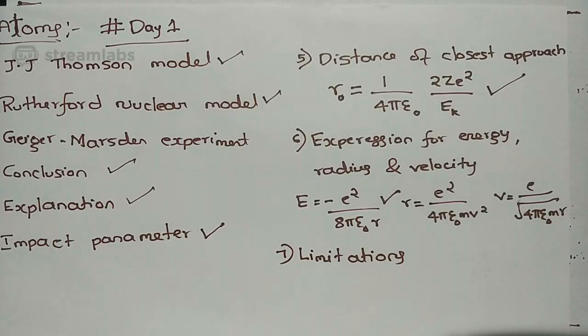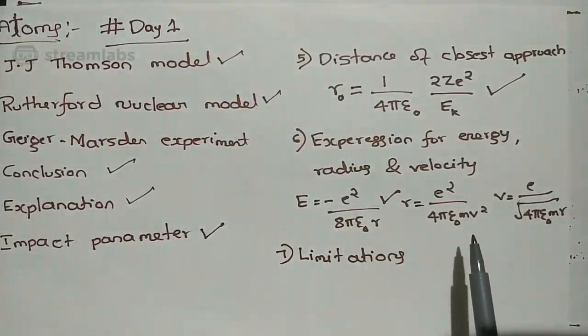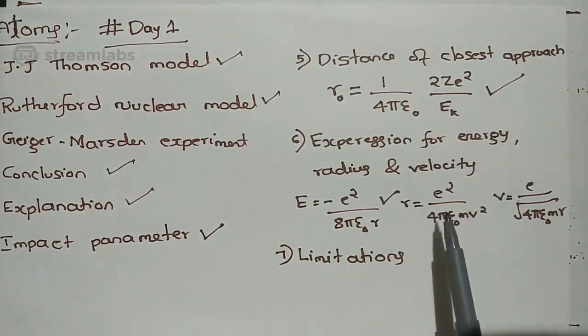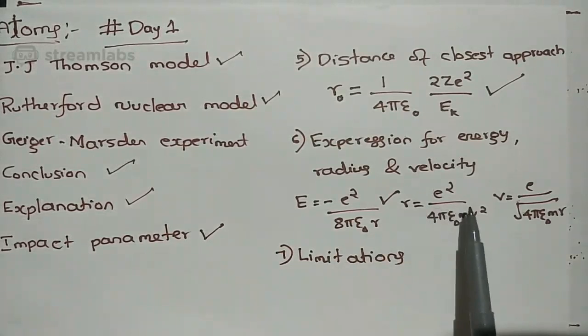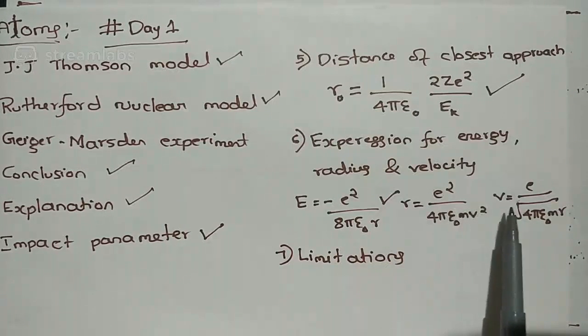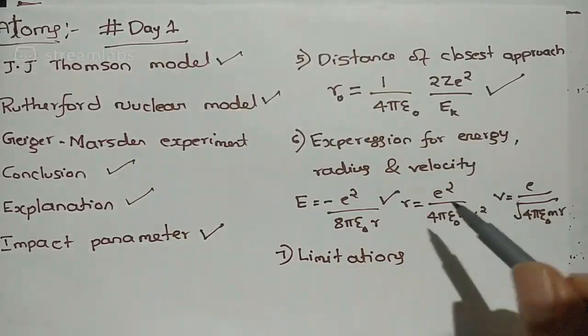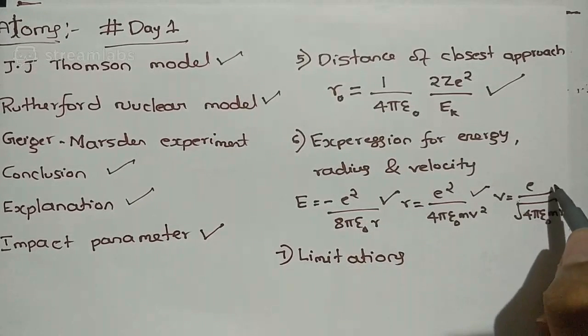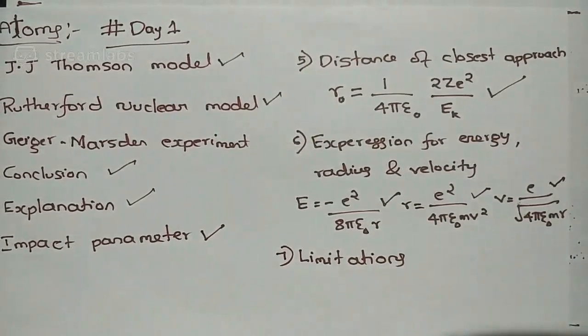If you want to make the electron free, you have to supply energy equal to E square by 8 pi epsilon naught R. Using the same method, you have also found the relations for the radius of the electron orbit and the velocity of the electron in its orbit. Then you found the limitations of Rutherford's atomic model. So from there we have to start.